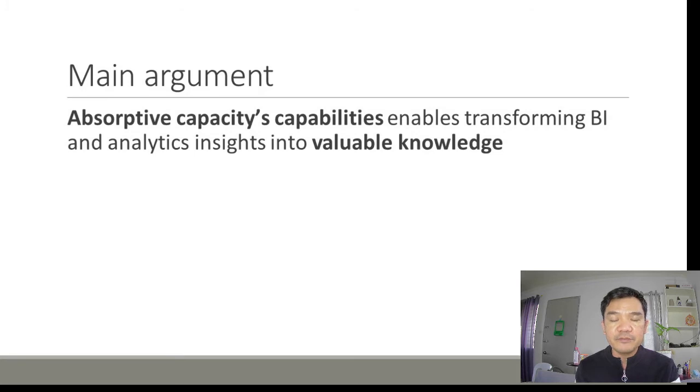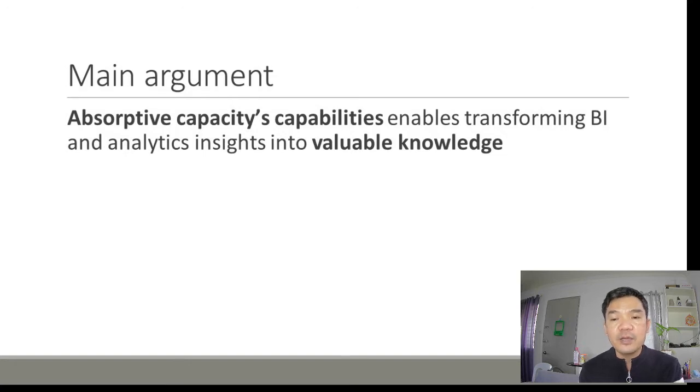So the main argument of the paper in general is that absorptive capabilities enable transforming business intelligence and analytics insights into valuable knowledge. So there are keywords here: absorptive capacity, capability. In general, this is absorptive capacity, which will be defined later, and the transformation of analytics insights into valuable knowledge.